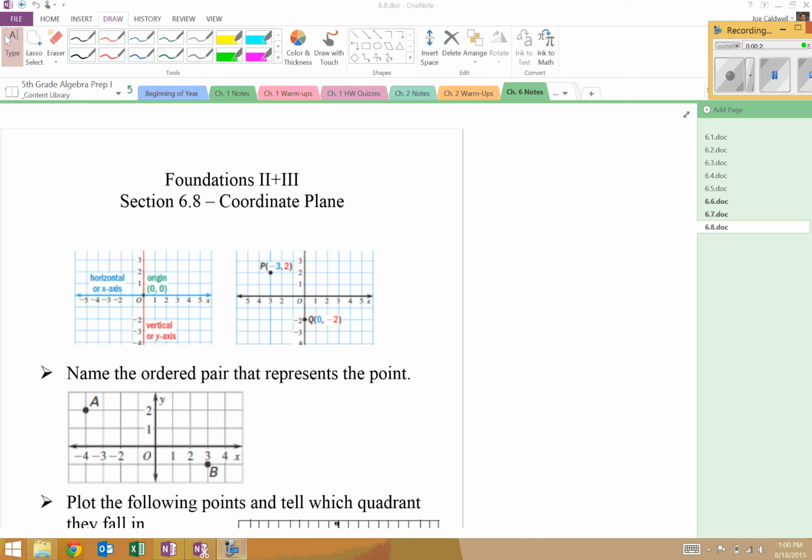And we're dealing with what are called ordered pairs. Ordered pairs come in the form of what I'm going to label as x and y. The x tells you how far left or right to go on the x-axis.